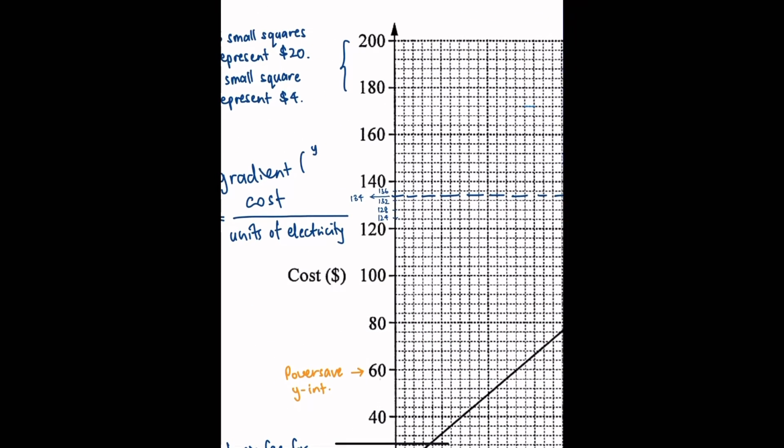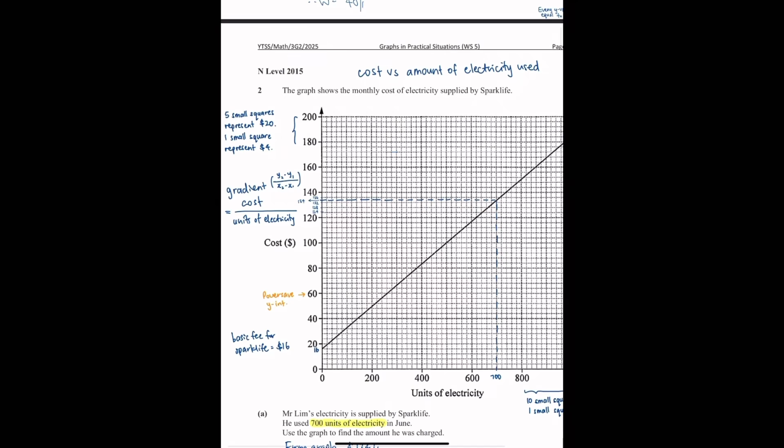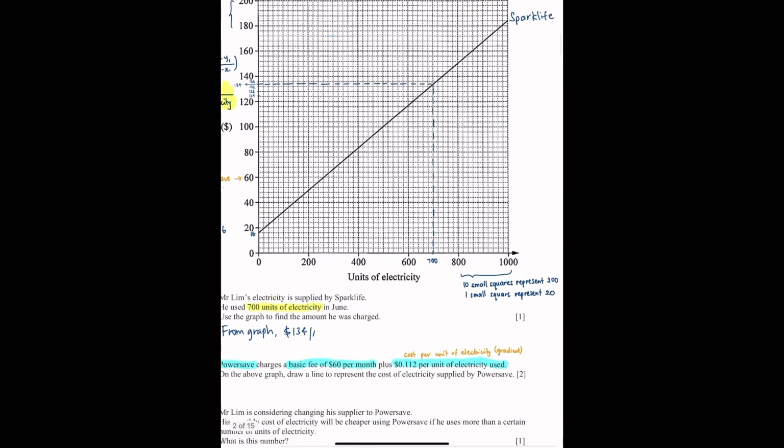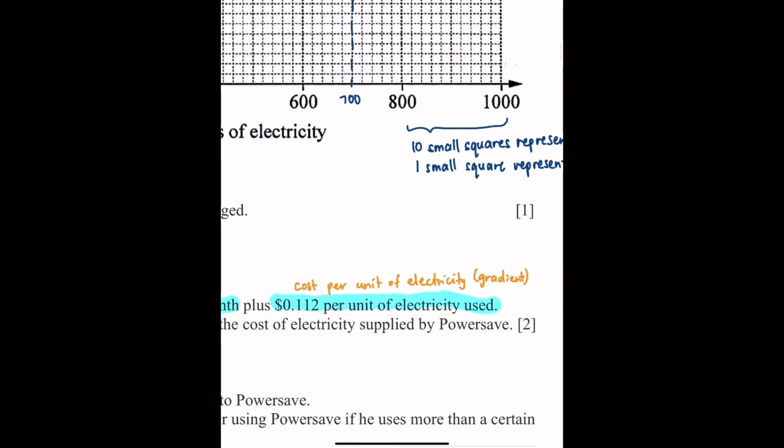Gradient is y2 minus y1 over x2 minus x1. So change in the y values is actually change in the cost. Change in the x value is change in the units of electricity, which is why gradient is cost over units of electricity, which is what was mentioned here, cost per unit of electricity used.